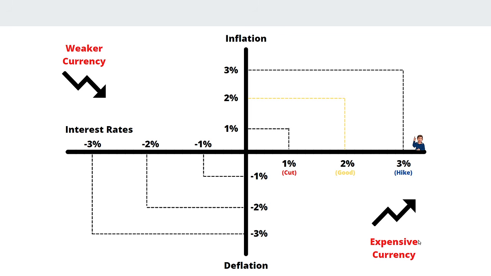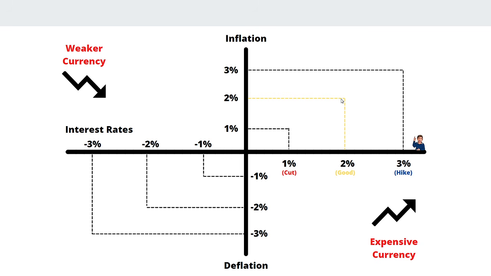Deflation causes an expensive currency. However, remember, as we weaken, we can hike rates, which can cause the currency to gain back some of that value. I'm trying to do my best to explain this stuff. Again, I find this visual helpful. You guys might agree, you might disagree, but for me, this is just the easiest way to understand it.